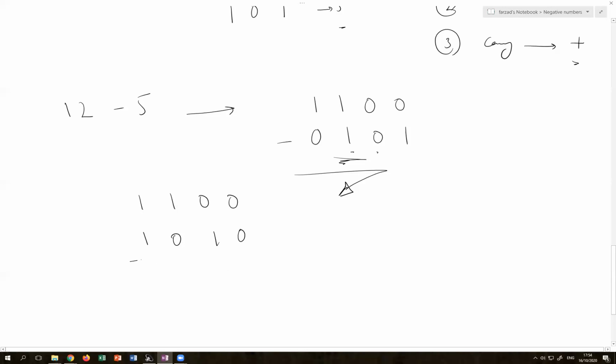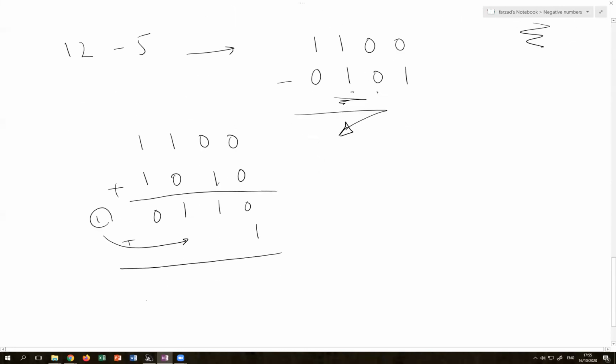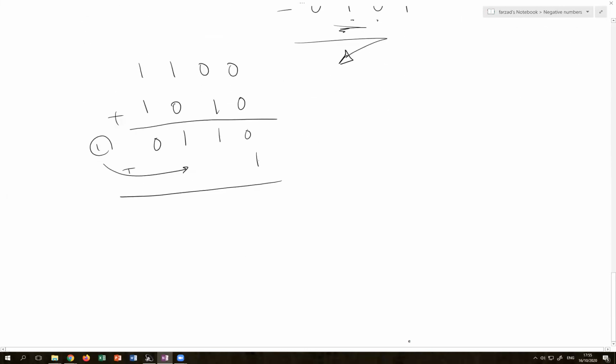This is my second step, to add them now. 0 plus 0 is 0, 0 plus 1 is 1, 1 plus 0 is 1, 1 plus 1 is 0, and I have carry 1. I said that if you have carry, you've got to add this carry again to this number. Addition. Add them. 1 plus 0 is 1, 1 plus 0 is 1, 1 plus 0 is 1, and we have 0 here.